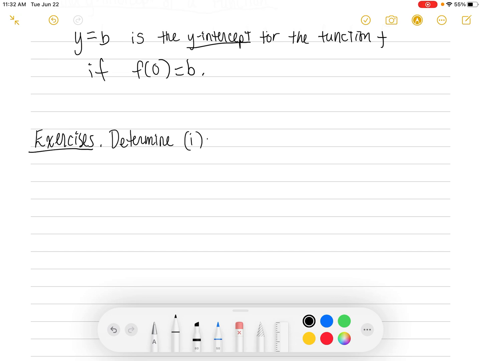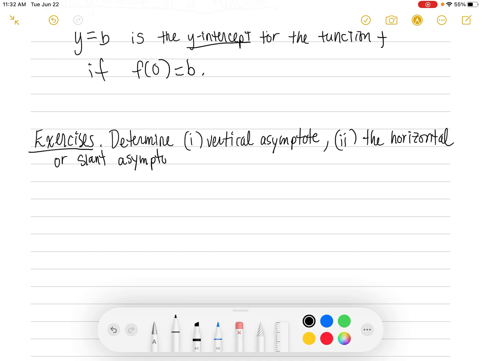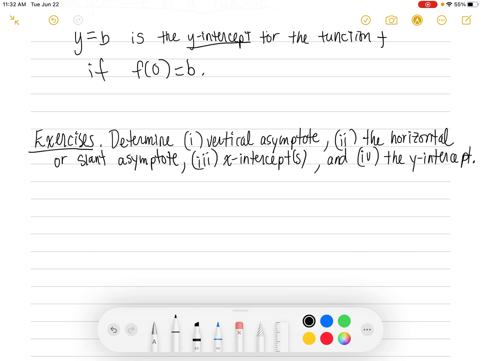Instructions are to determine 1, the vertical asymptotes, 2, the horizontal or slant asymptote, 3, the x-intercepts, and 4, the y-intercept.